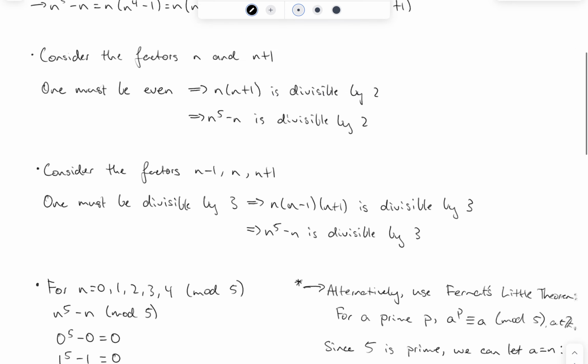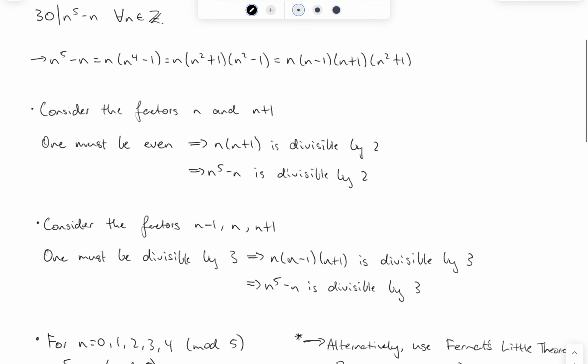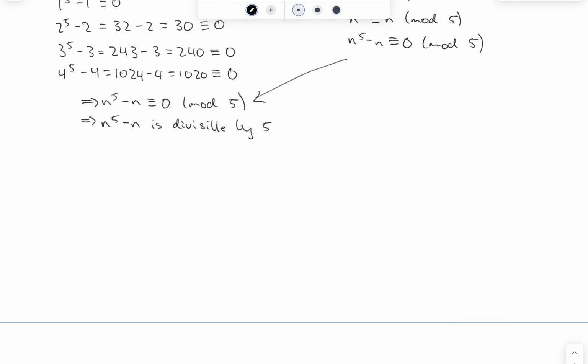So now we've shown divisibility by 2, 3, and 5. So what can we say? Since the expression n to the 5 minus n is divisible by 2, 3, and 5, and these numbers, well, what are they? If you look at them pairwise, they are coprime, right?